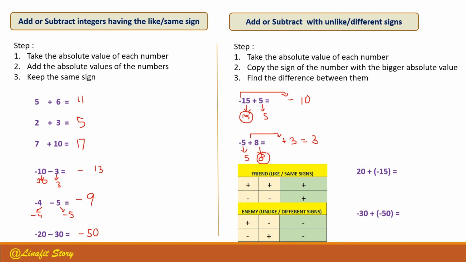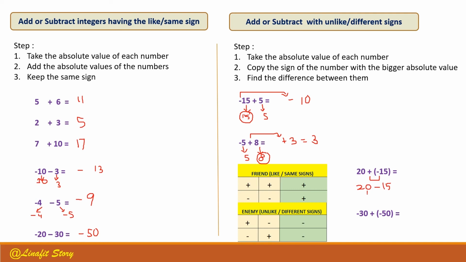Next, don't forget, if you meet your friend, means the same sign. The result is positive. But if you meet your enemy, different signs, the result is negative. So for example, 20 plus negative 15. You meet your enemy. Why? Because different sign. So over here, this is negative 15. 20 minus 15.